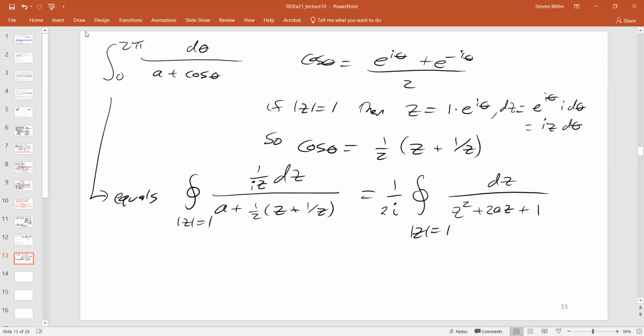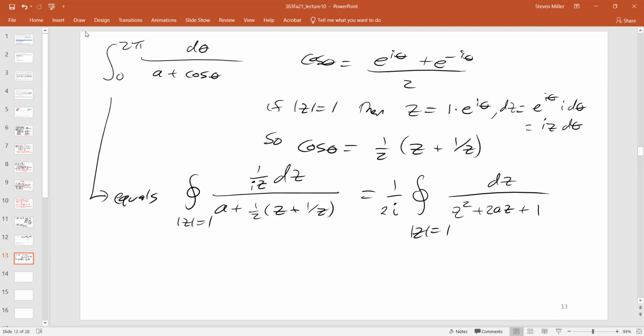Do we know how to integrate this? Can you figure out how to integrate this? Yeah, we just look and see, where are the poles? Is it hard to find where z squared plus 2az plus 1 has zeros? No, what would you use? Quadratic formula. But what if a is not a real number?